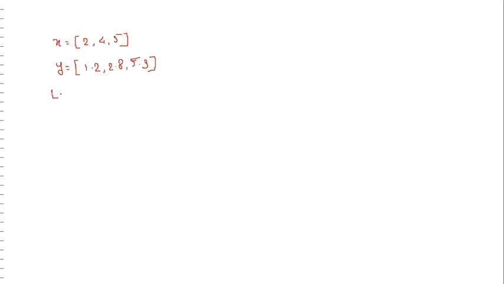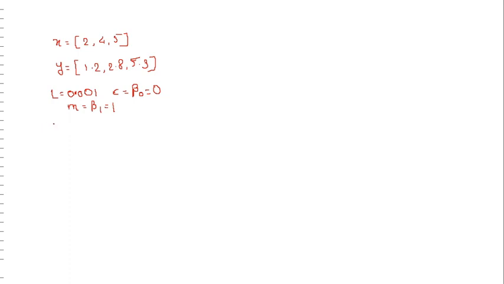Let us assume our learning rate is 0.1. Then let us assume our c value, which can also be written as beta 0, to be 0, and m, which is written as beta 1, to be 1.